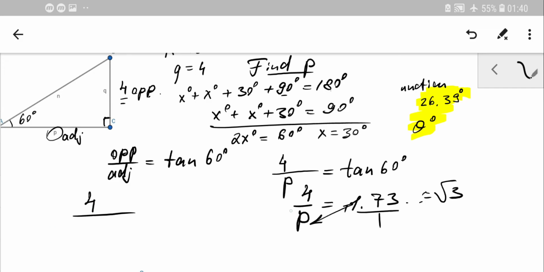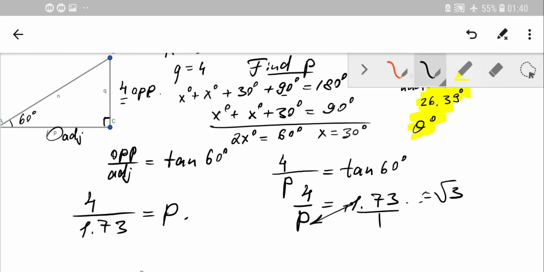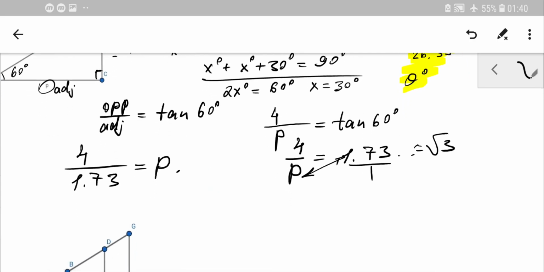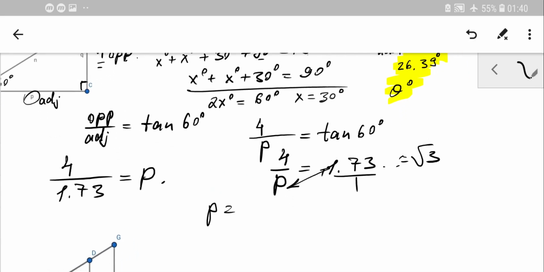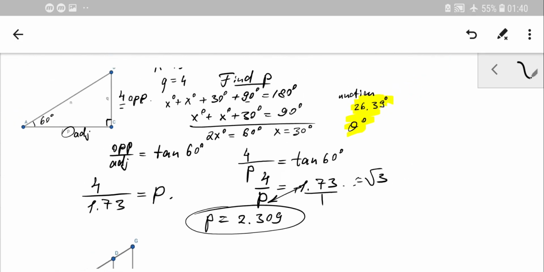So you've got 4 over 1.73, which is P. Okay, so let's see how it works. P value is simply 4 over 1.73. Okay, you've got value 2.309. And that's your result.